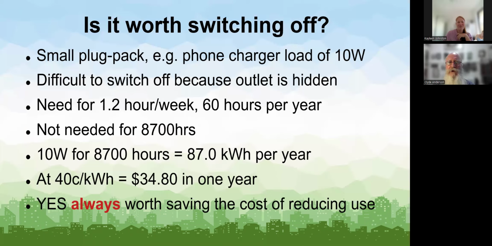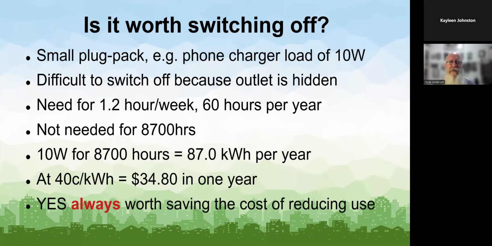Here's an example of one of those things, a little power pack for charging a phone, 10 watts charging because it's quite a high powered battery in these phones. You can't reach the switch, so you leave it on most of the time. You only need it for 1.2 hours a week, or let's say 60 hours a year.